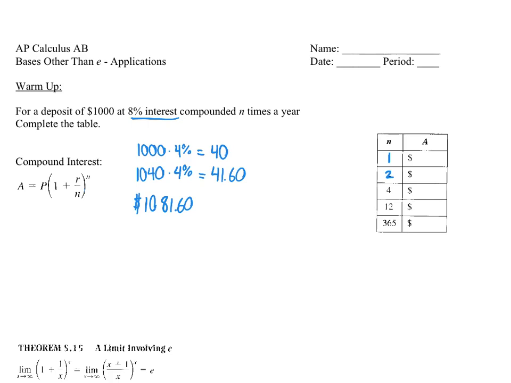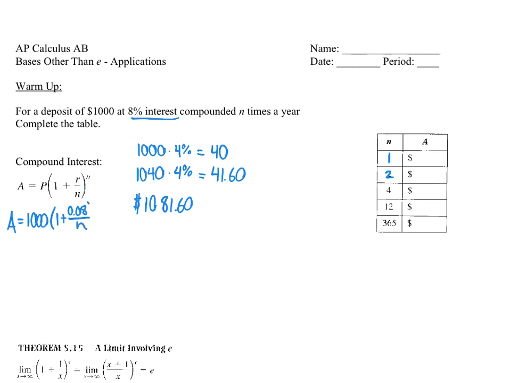Alright, so if we graph or make this, the amount after 1 year is 1,000 times (1 plus 0.08 over n) to the n. Make sure you put 0.08, you don't want to mess everything up doing 80%.